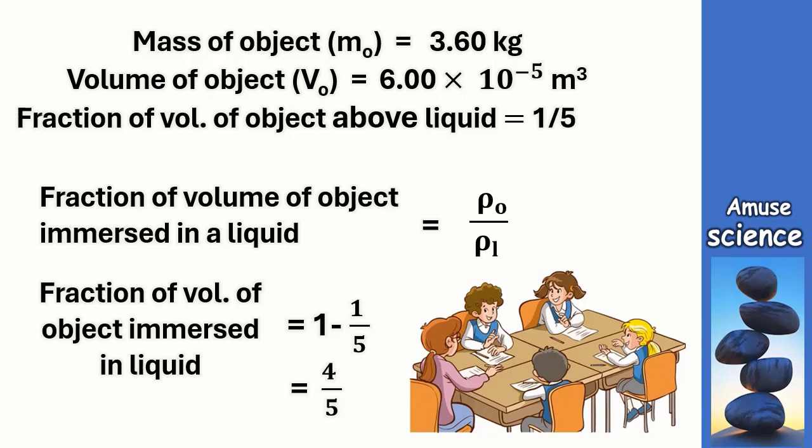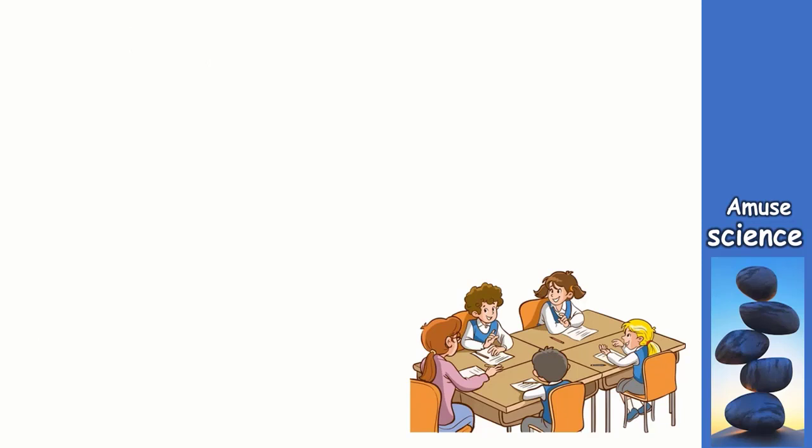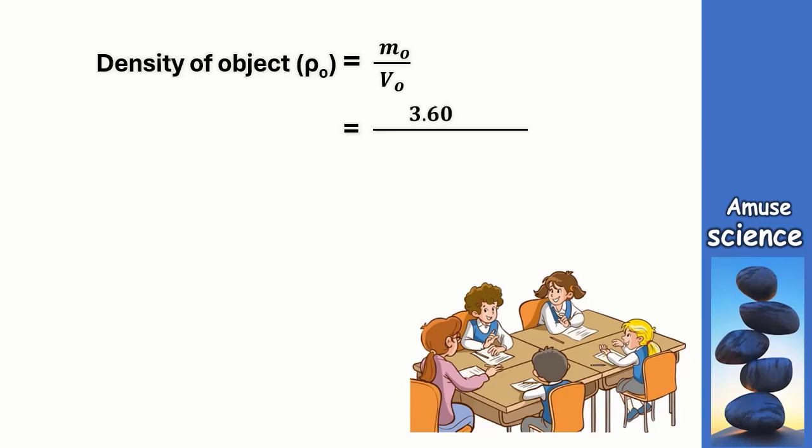Now let's find the density of the object. We know that the density of the object is equal to the mass of the object divided by the volume of the object. The mass of the object is 3.60 kilograms, and this will be divided by the volume, which is 6.00 times 10 exponent minus 5 cubic meters.